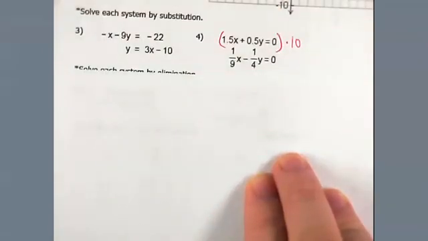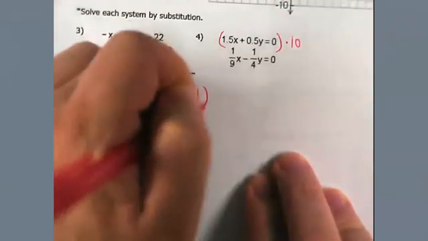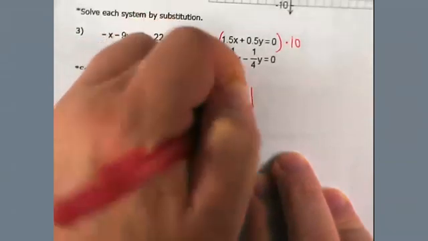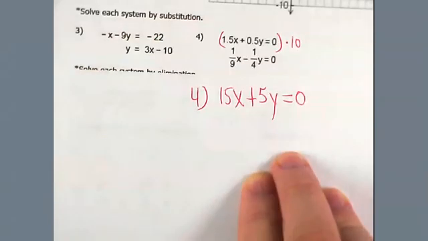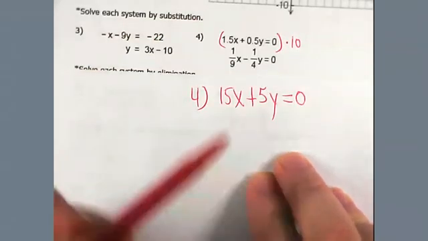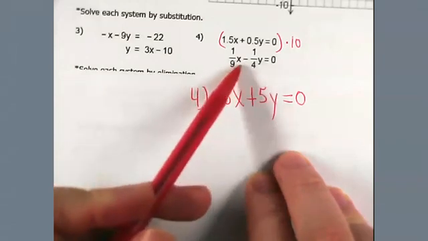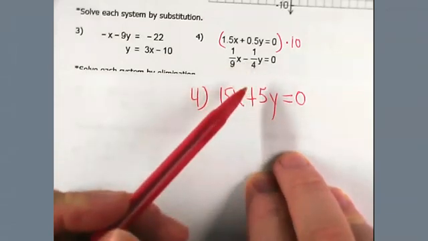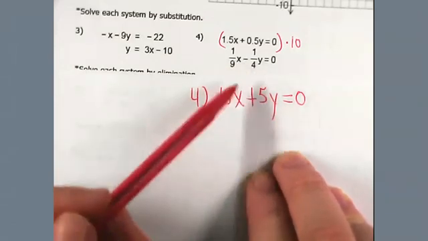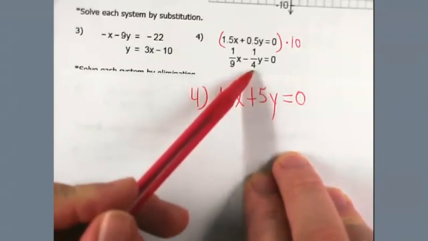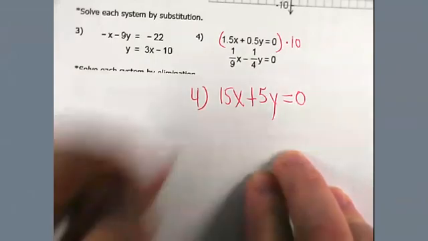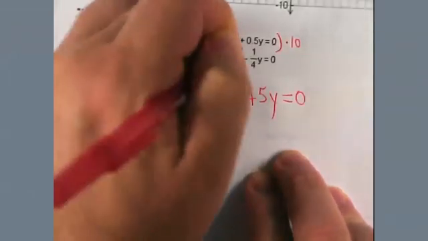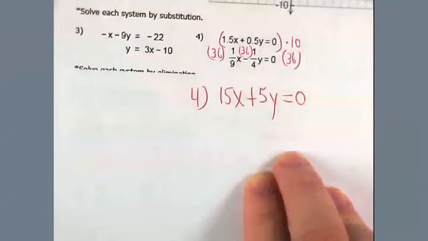So our new first equation is 15x plus 5y equal to 0. Now, to eliminate the fractions, first identify the least common denominator. So the least common denominator would be 9 times 4, or just 36. You multiply the entire equation by 36.